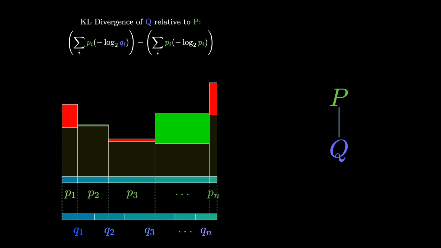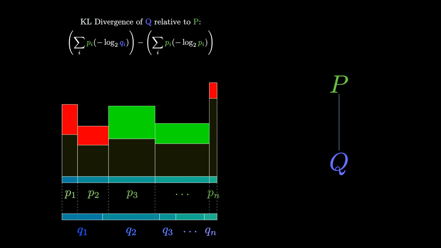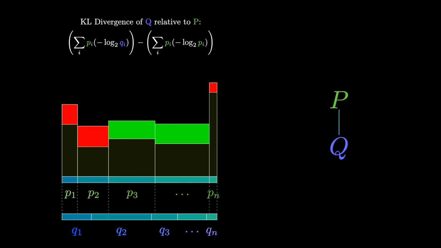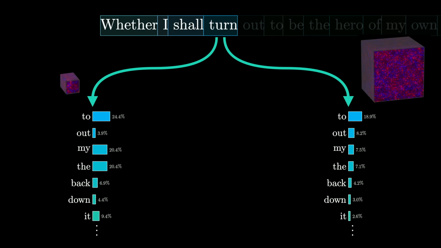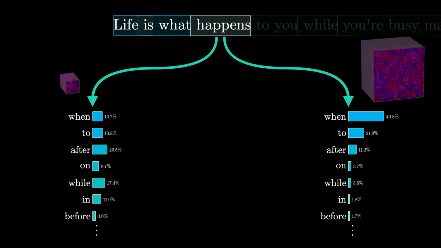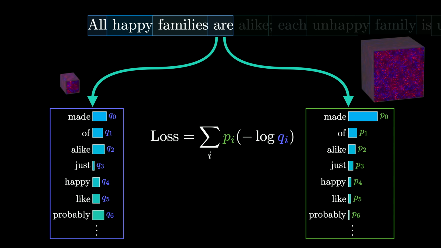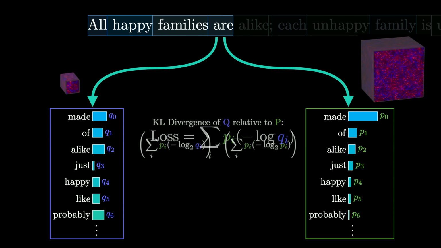I want to see if you can take a moment to convince yourself in what sense this is representing our expression. And third, I mentioned that when you distill a large model into a smaller one, you use the cross-entropy between their distributions as a loss function. I want you to ask yourself, what would happen if instead you used the KL divergence? After all, if the KL divergence is like a distance measure, wouldn't this be a more natural choice?